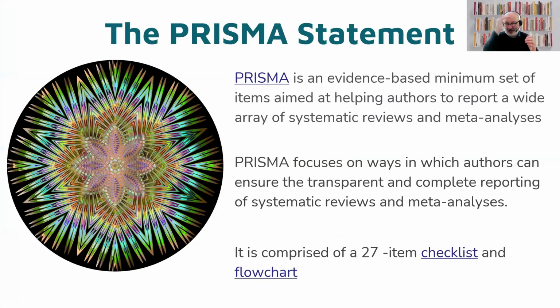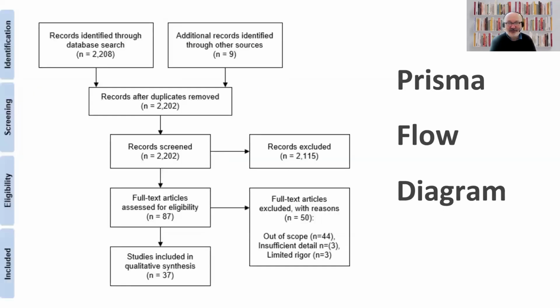The checklist is literally the things you need, that it's worthwhile thinking about and writing up when you're publishing your review. The checklist, which is this, and the flow chart, which is this, is a method of recording how you've gone from all the articles you discovered when you did your search down to whatever you're left with after the process.